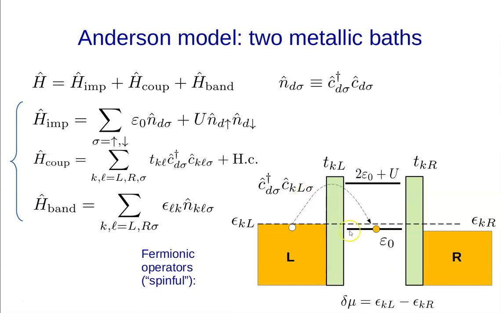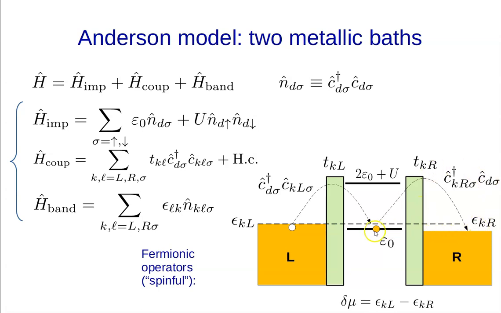And now following up on this process, there might be another process that takes this electron from the dot, so destroys it in the impurity and creates it in the right lead. So what happened here?